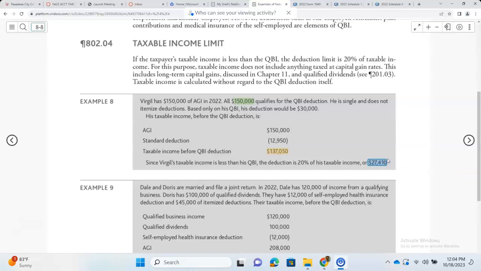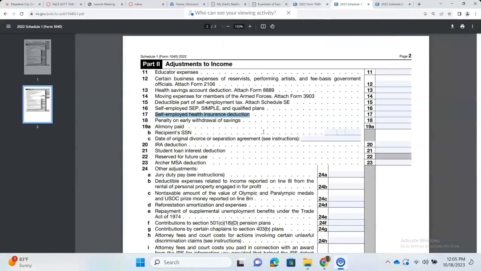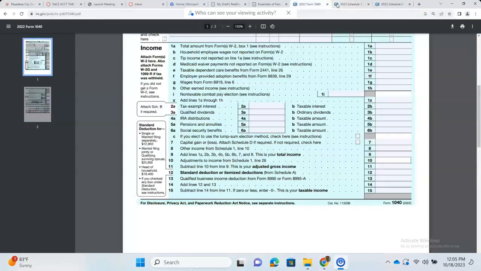And that $27,000 for the 1040 will be in line 13. Right there. Okay? 27,000, not 30.